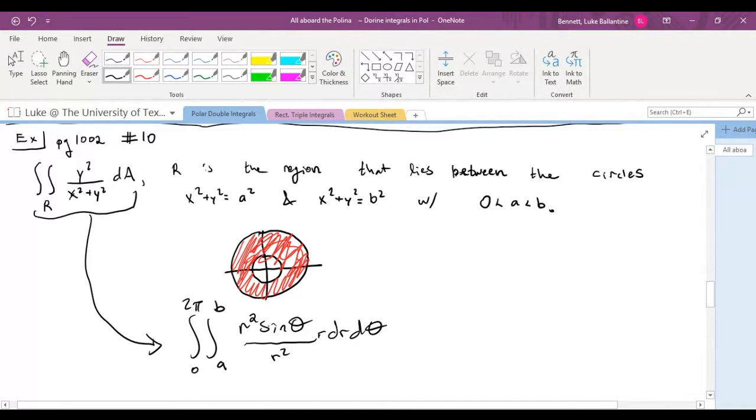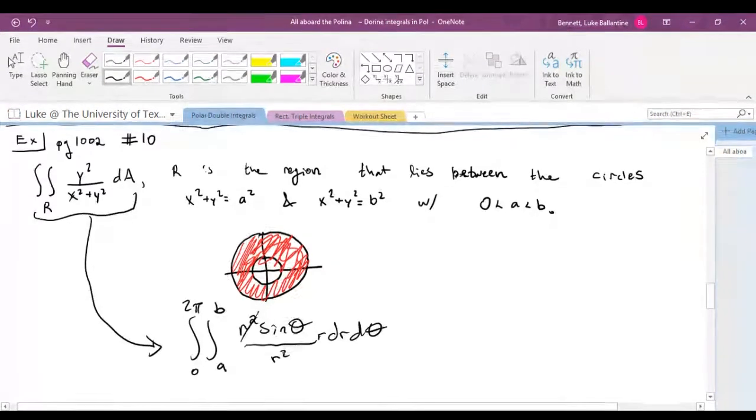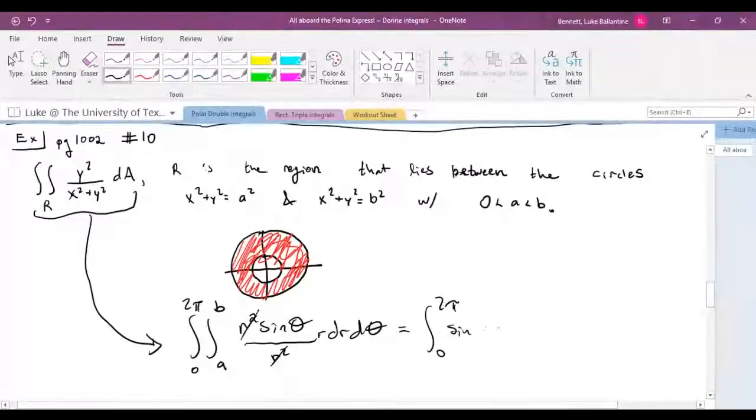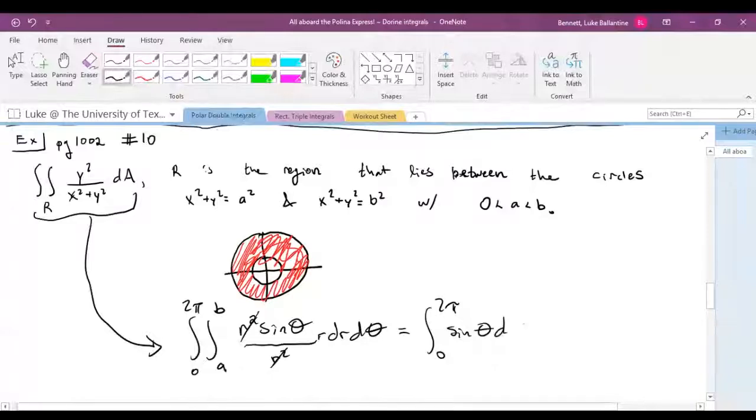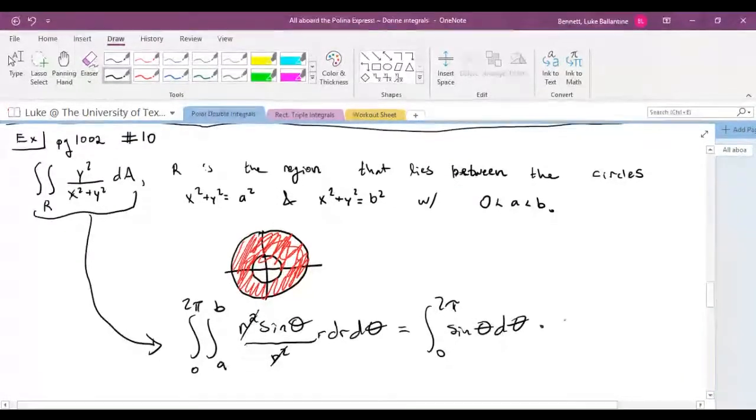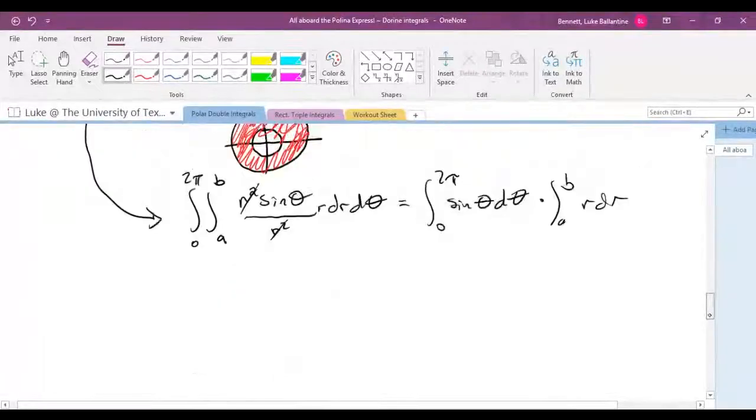Okay, so what do we get? These r squareds cancel. And then we can separate this out as the integral from 0 to 2 pi of sine squared theta d theta times the integral from a to b of r dr.